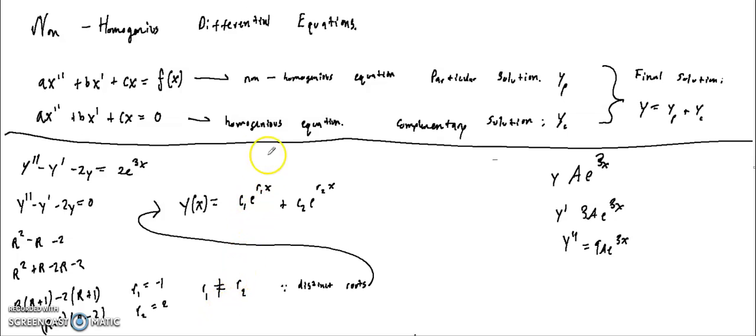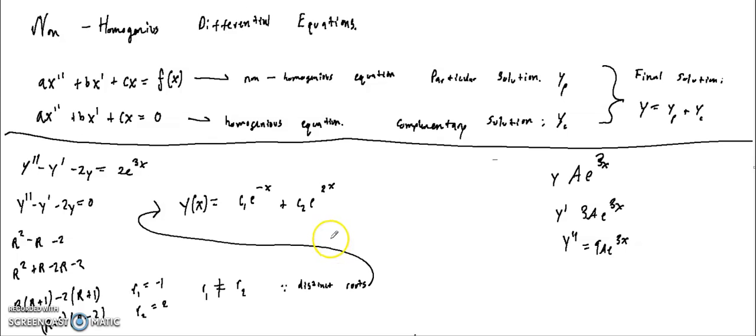If it was repeated roots, we just have a normal r up here, and then we'd have an extra x here. But not for now. So let's plug in our values for r1 and r2, and we get negative x and 2x.